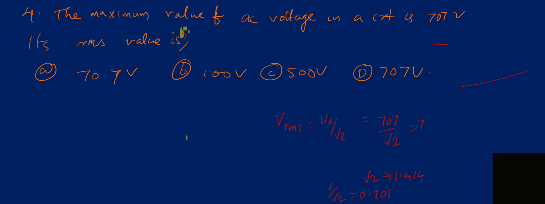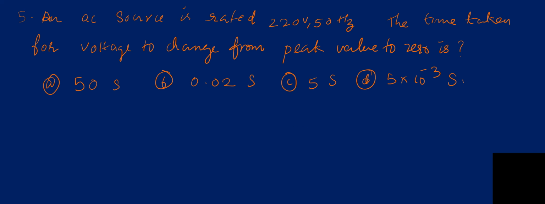So 707 into 0.707. When we multiply this, that is 0.7 into 707, we will get almost 500 volt. So option C is the correct one.